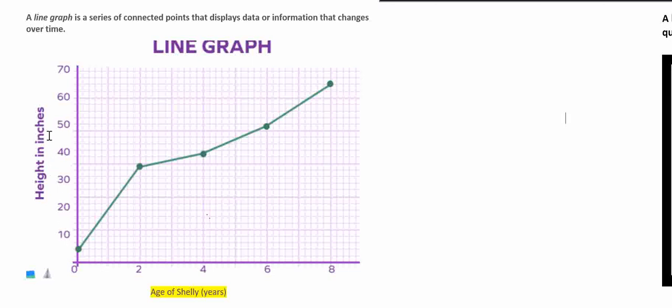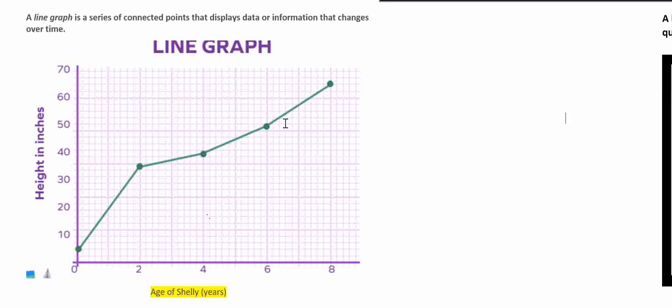The suitable graph is a line graph, as it displays information that changes over time. So you can see the data well displayed in a line graph.